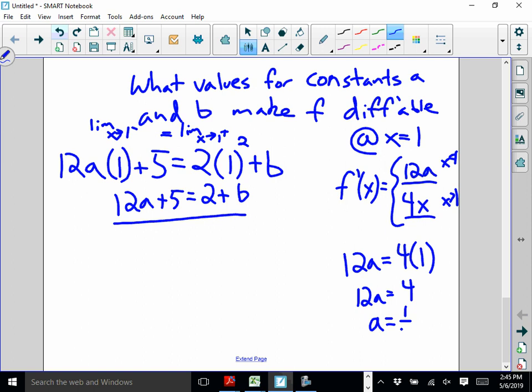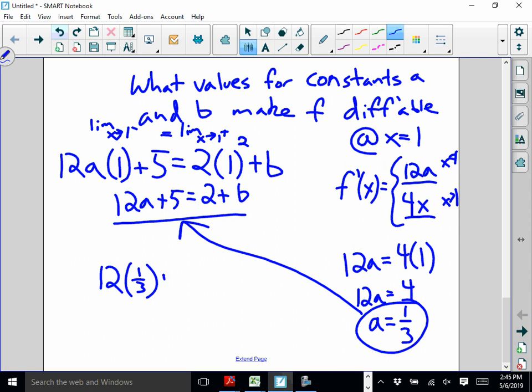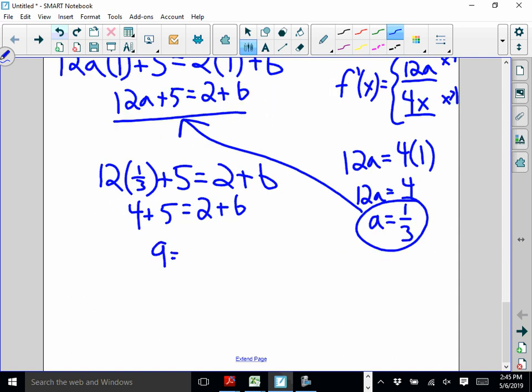Okay. So that gives me a. Now I can plug in up here, and I'll get 12 times 1/3 plus 5 must equal 2 plus b. Now I can solve for b. 12 times 1/3 is 4. So I get 9 equals 2 plus b, and I get b equals 7 for my other number.